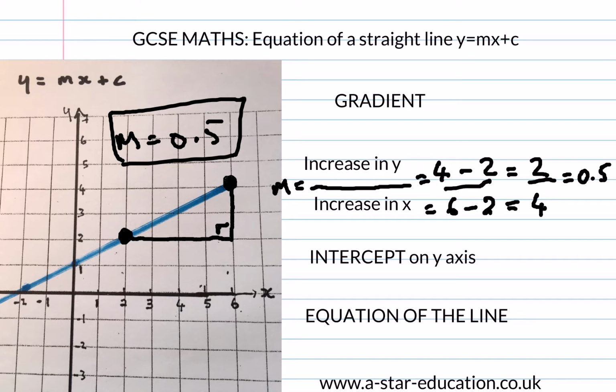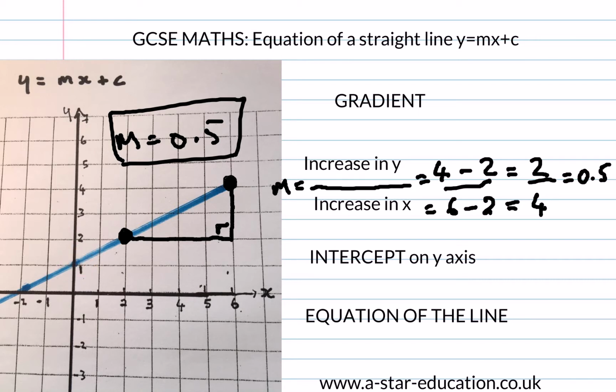The next thing we need to find to find the equation of the line is the value of c here. c is what's known as the intercept on the y-axis. Looking at our graph, it looks as if the line intersects the y-axis at y equal to 1.